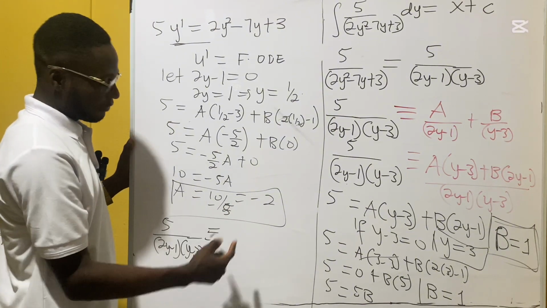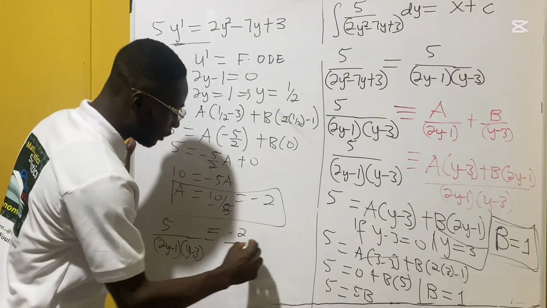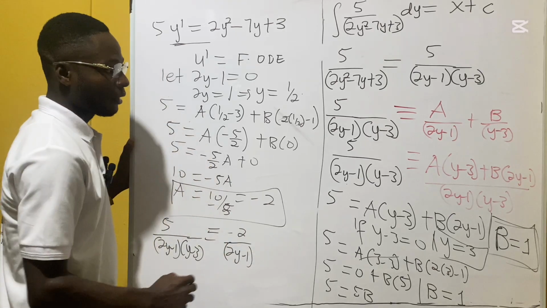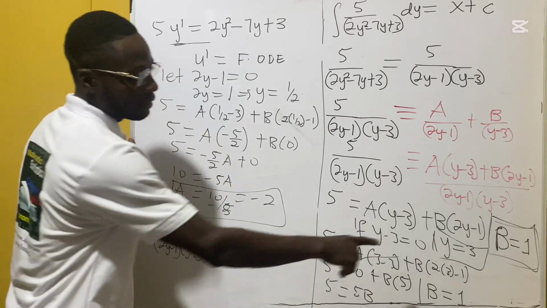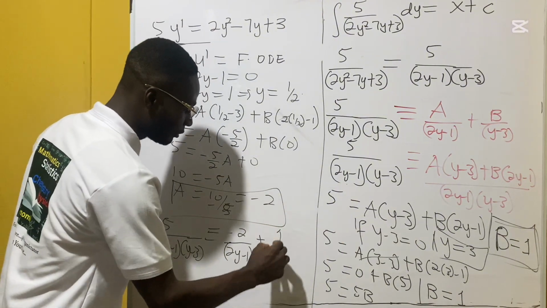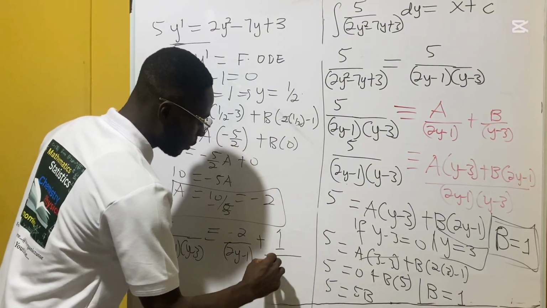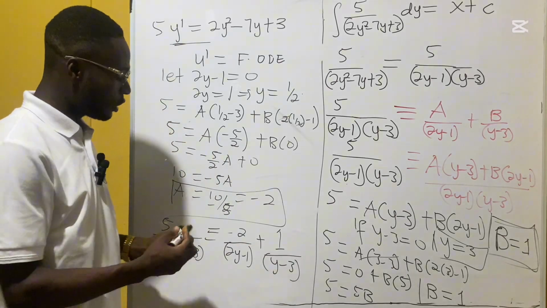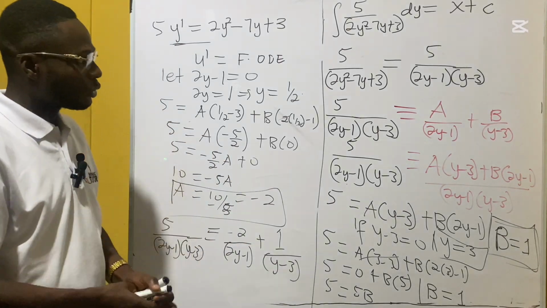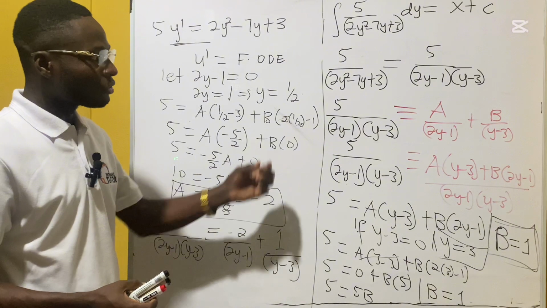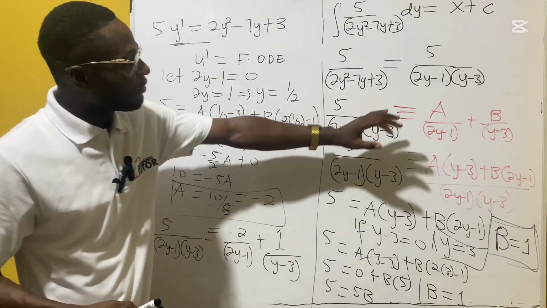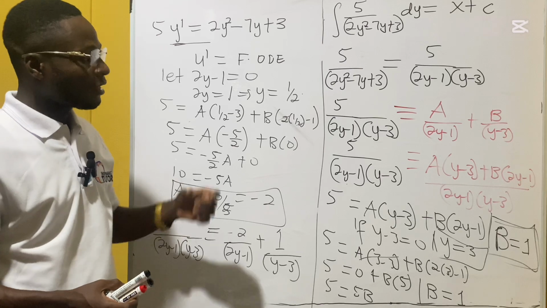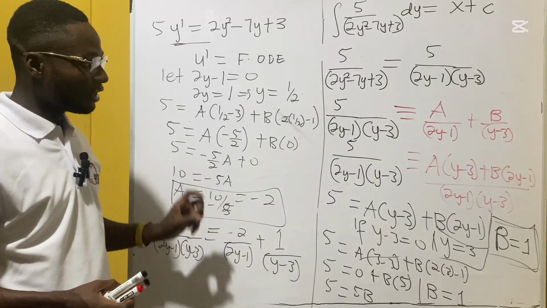So, of course, negative 2 on 2y minus 1 plus our b is positive 1 on y minus 3, right? So now we have been able to decompose this function and obtain the values of a and b.